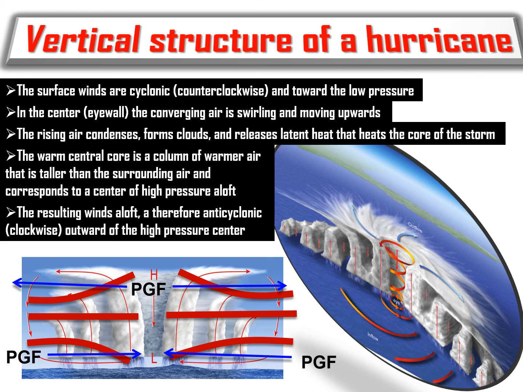There's another force, CF, the Coriolis force, that changes the direction. In the Northern Hemisphere, it deflects to the right. That means here air moves in, deflected to the right, and here air moves out. So the rotation at the surface is counterclockwise.